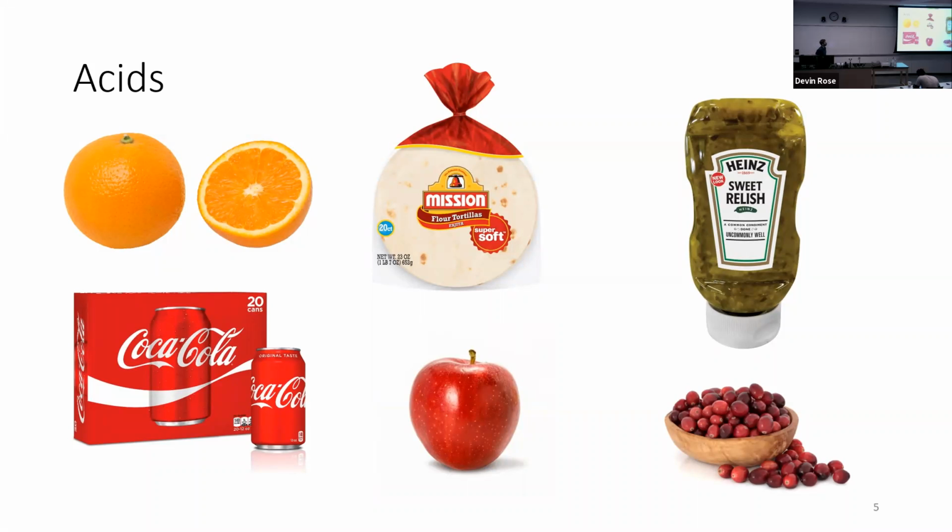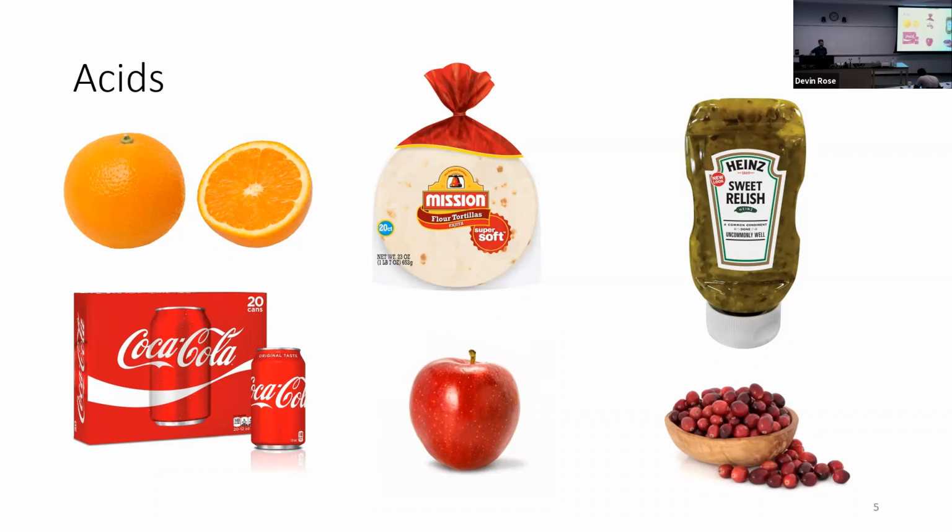Next, we have some tortillas, a non-acidic food. And so we actually have some of those acids that are added for different functions. One of the acids in tortillas would be fumaric acid, one of those C4 acids.